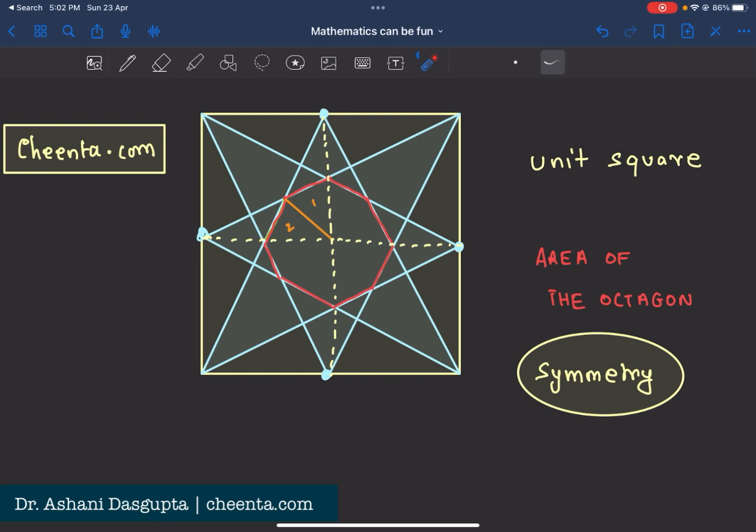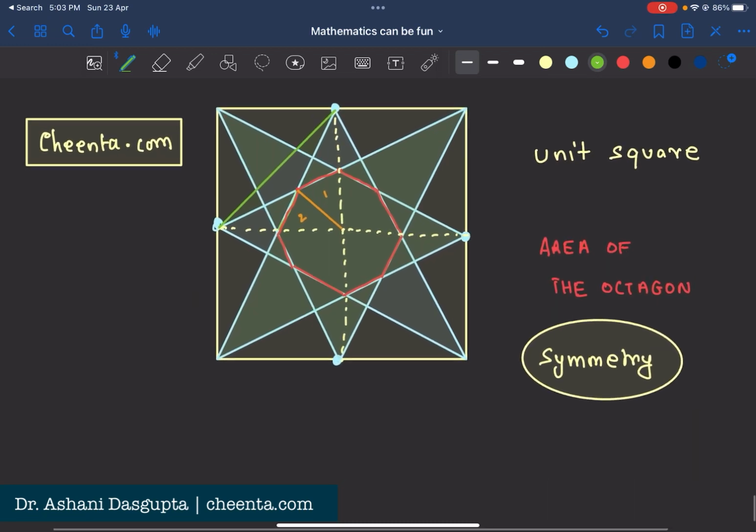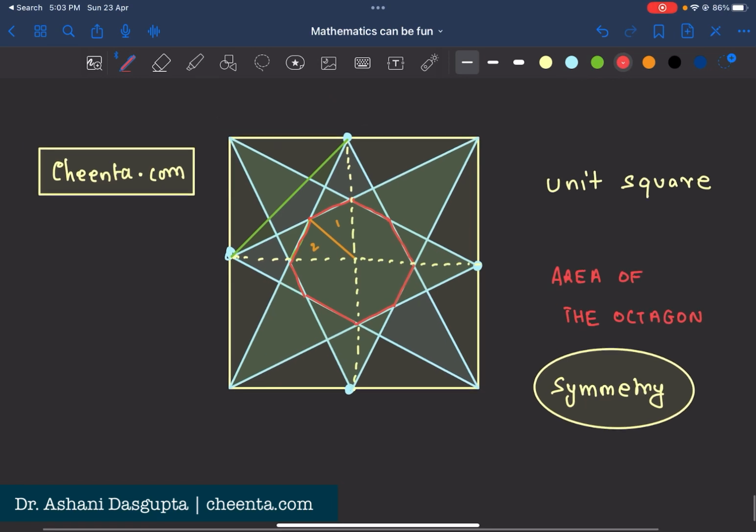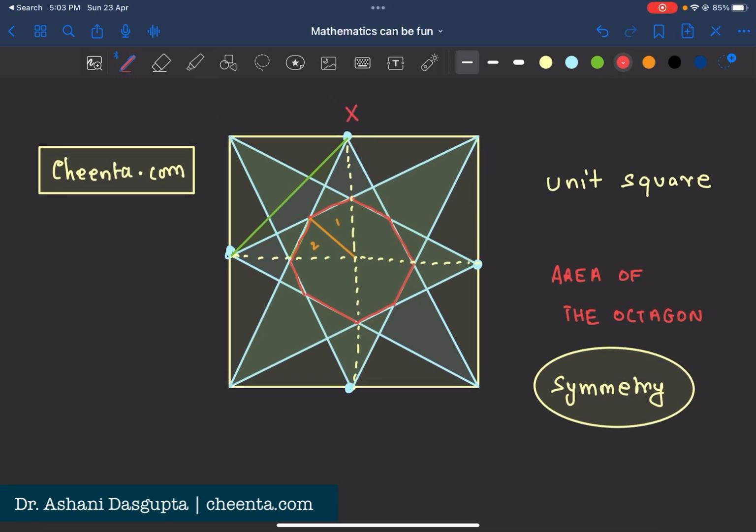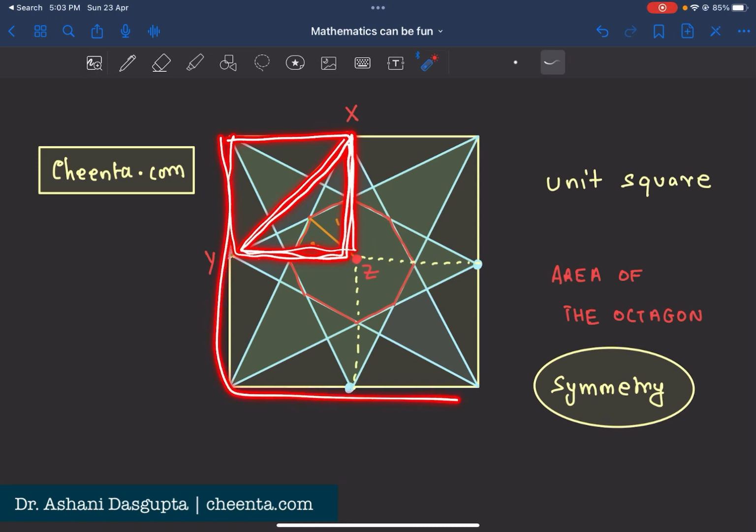Okay, so how do we find the area of this little piece? Let's do one more construction. Let's join these 2 points. Now let's name this triangle X, Y, and Z. Let's look at the triangle XYZ. The triangle XYZ is half of this little square, which is 1/4 of this big square.